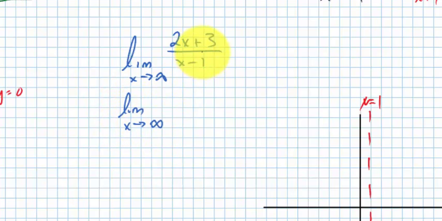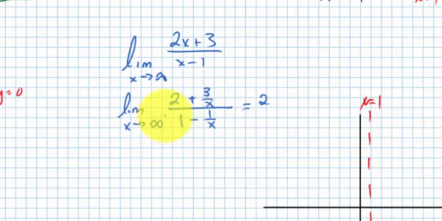And what we're going to do is we're going to divide each term by x. 2x over x is 2, plus 3 over x, over 1 minus 1 over x. Now, let's think about what happens as x gets really, really huge, as x approaches infinity. The numerator, as x approaches infinity, the 2 stays 2. It doesn't care what x is. It's like the honey badger. 2 don't care.